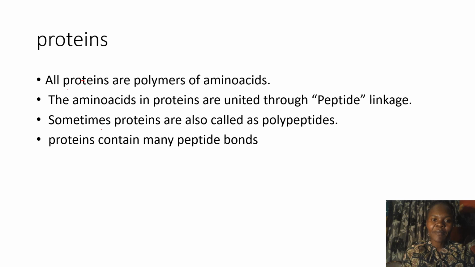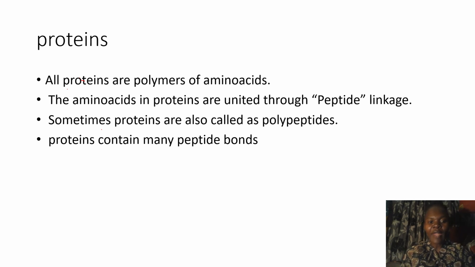The peptides are the ones which lead to an amino acid. So if you talk about a protein, the amino acids are united through a peptide bond. In that case, you will be able to tell that proteins are polymers of amino acids.